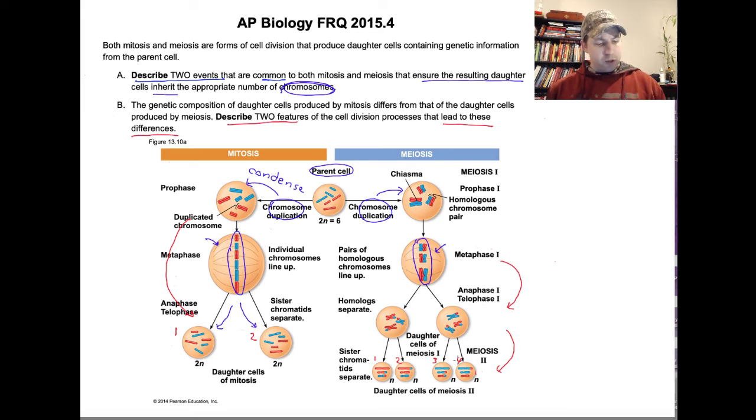Looking at my original parent cell, I have a diploid parent with 6 total chromosomes. In mitosis, I also see that I have diploid offspring with 6 total chromosomes. But in meiosis, my offspring are actually haploid. It means that they have half the number of chromosomes as my original parent cell. And that'll be another difference that we see here.